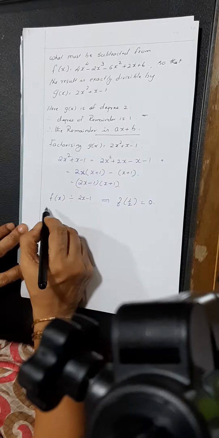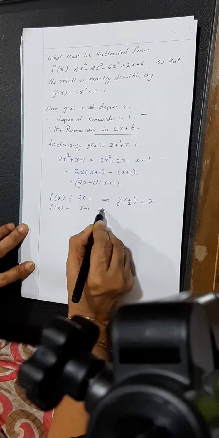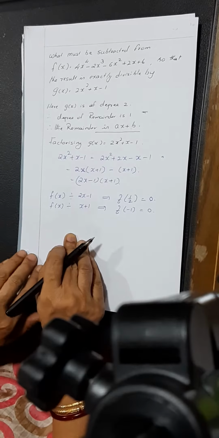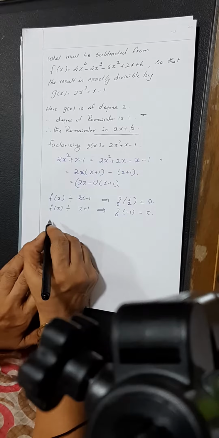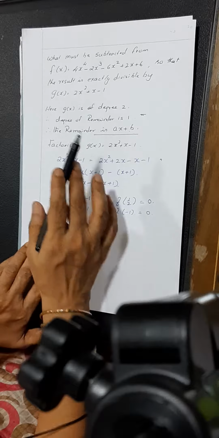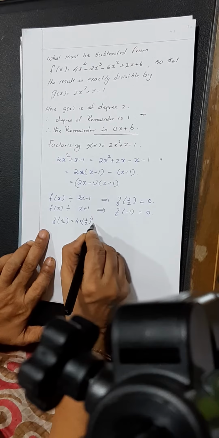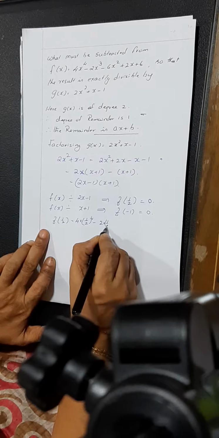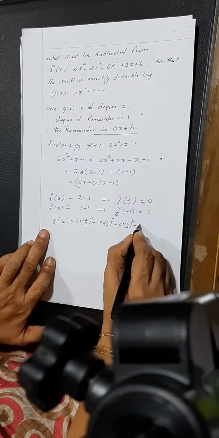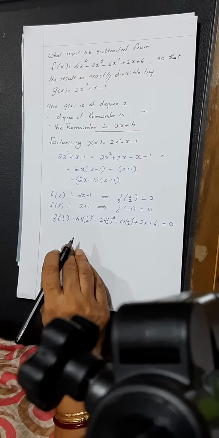So, you get f of minus 1 is equal to 0. Now we will find f of half, which is equal to 4 into 1 by 2 to the 4 minus 2 into 1 by 2 cube minus 6 into half squared plus 2x plus 6, equal to 0.